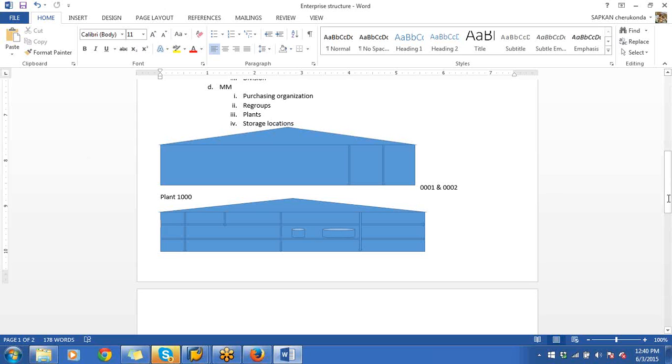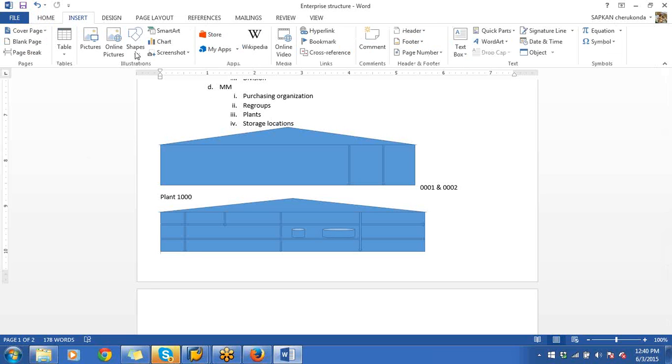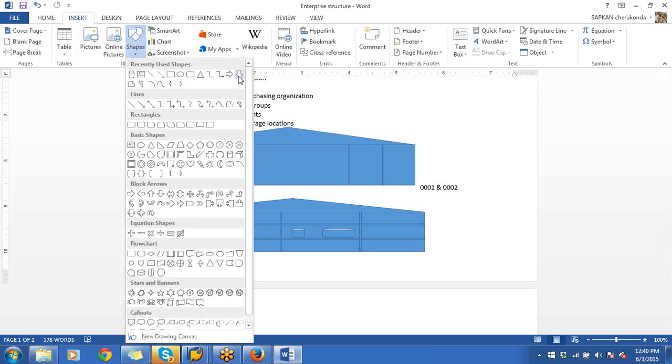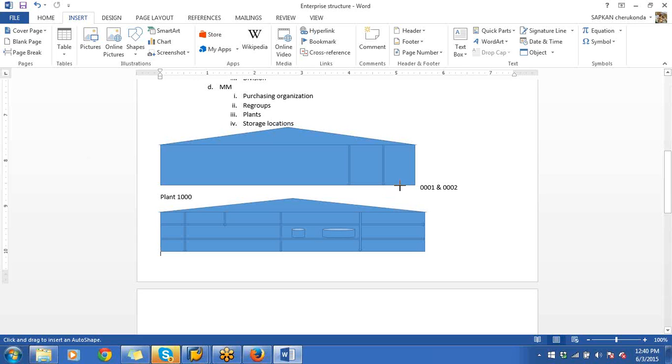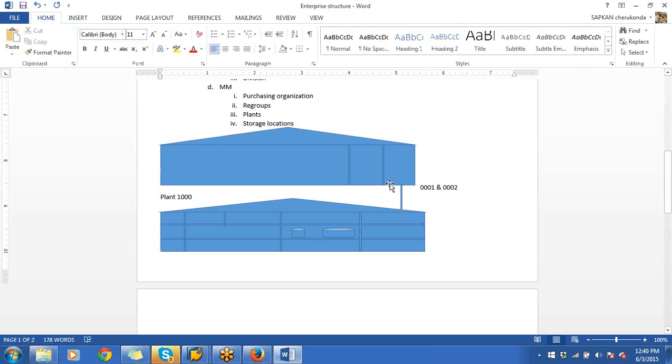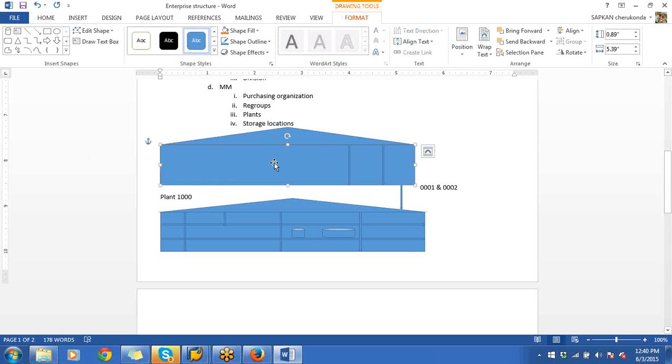Then where is the relationship between these 2? There should be a relationship. I'm going to make the relationship now. Anything in 001 is connected to the warehouse. That means you keep something here. Why? This is your production area.